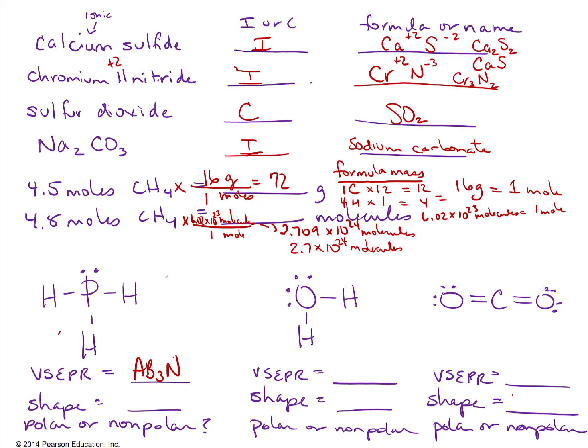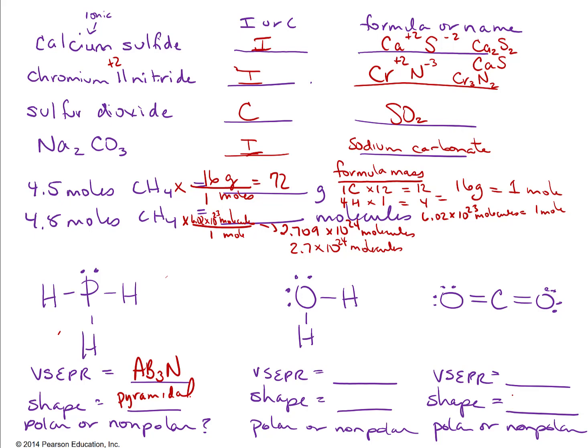Not just N, because it's pairs, right? Remember that A would be the phosphorus, B is that it has 3 things connected to it, N would be that it's got 1 pair of non-bonding electrons. And whenever you see that, the shape is pyramidal.